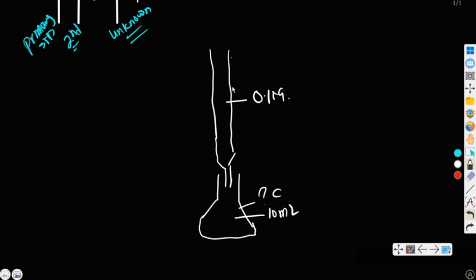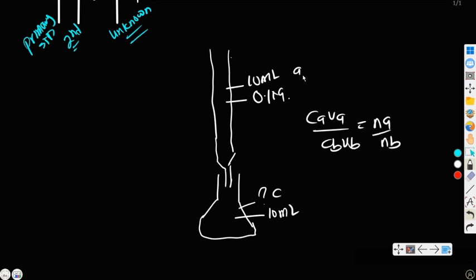The volume is the titer value you get from the experiment. Let's say your titer value is 10 ml. If you use the equation CAVA over CBVB equals NA over NB, let's say what you have here is your acid, and what you have here is your base.